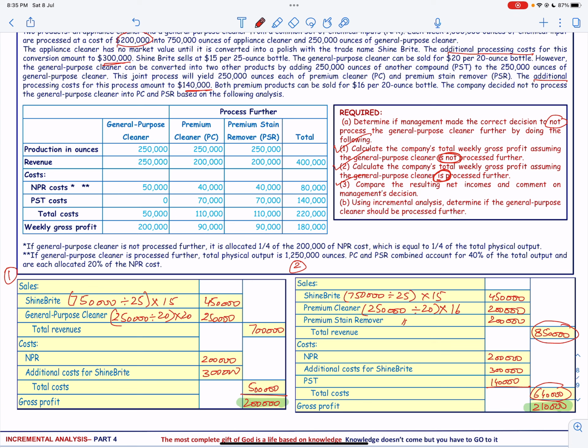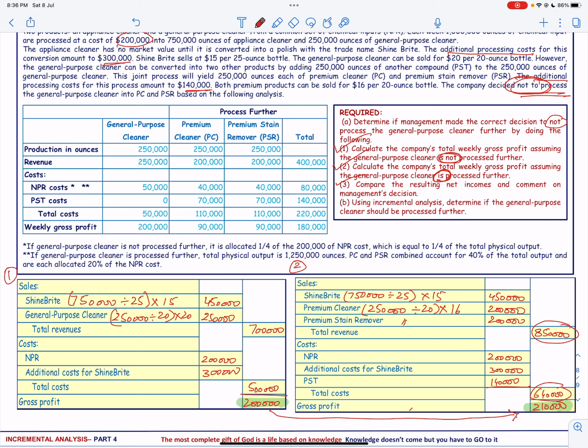We can see that if they decided not to process the general purpose cleaner, this is a wrong decision on their side, because the company profit could increase by 10,000. We have 200,000 before processing, and it is 210,000. So they could increase their profit by 10,000 if they process further. So the management made the wrong decision by choosing not to process further.